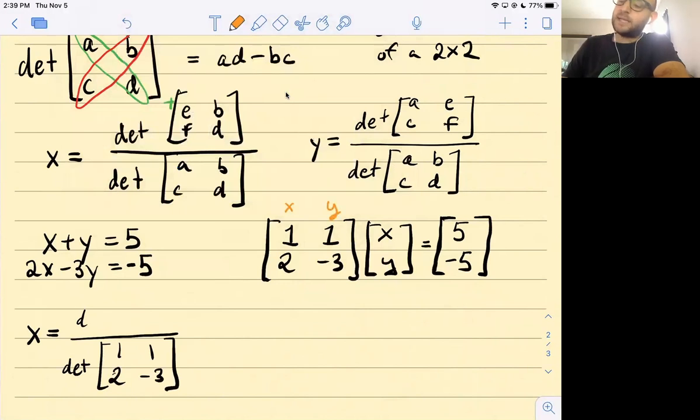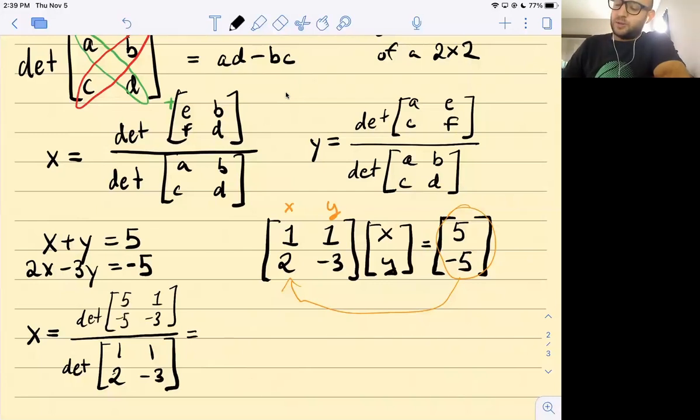So to get the x answer, instead of the x column, you replace it with the target, and you take the determinant of that. So you get a determinant of 5, -5, 1, -3. And now you just have to be careful and do your determinants.